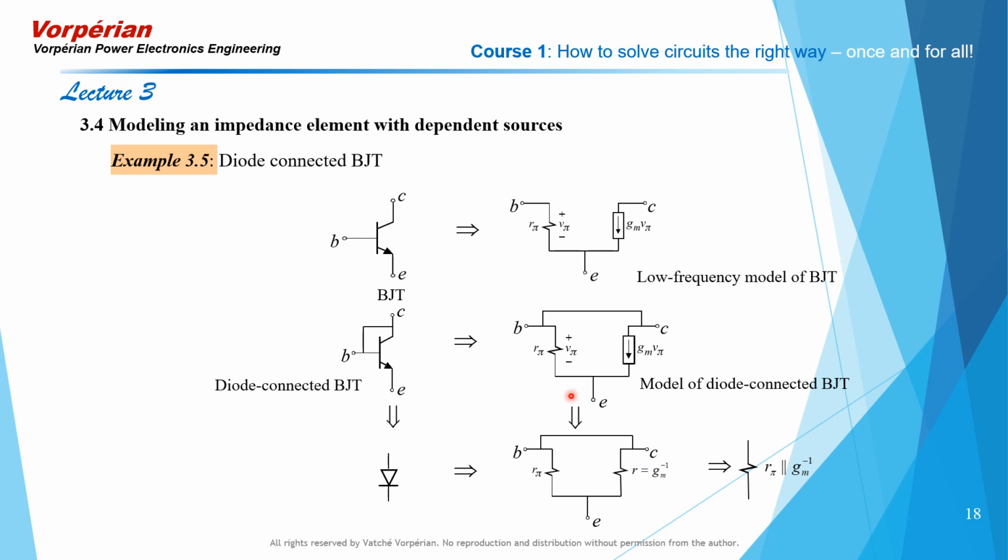And the equivalent resistance between the collector and emitter with the base collector shorted is the parallel combination of R pi with 1 over GM, which is the dynamic resistance of the base emitter diode, with the current in the diode being the emitter current.